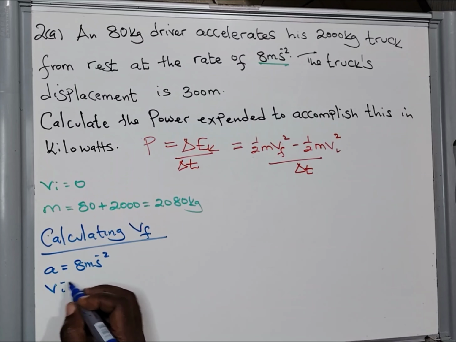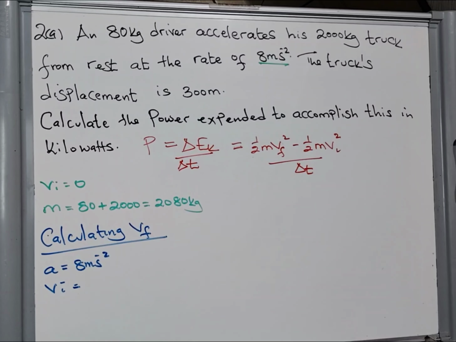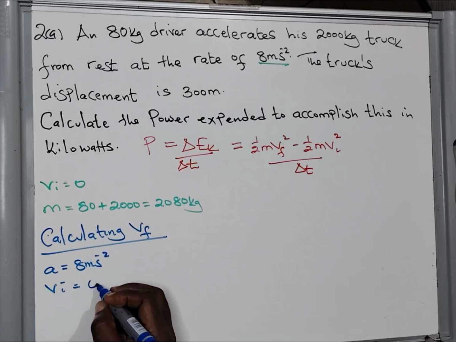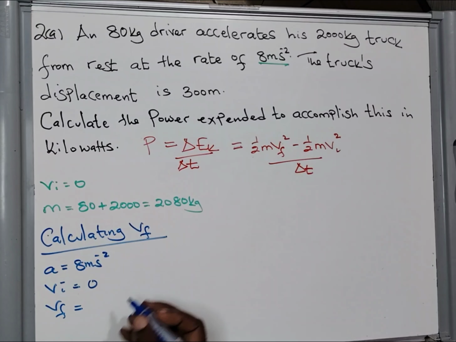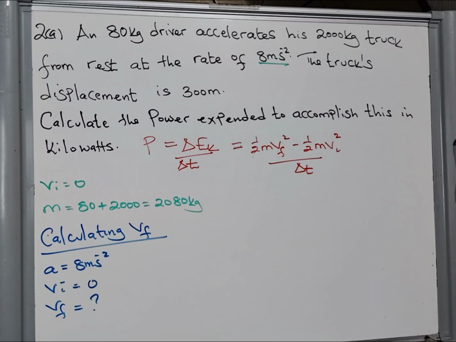We know initial velocity, which is 0. We are looking for final velocity, which is wanted. What else do we know? It is the displacement, which is 300 meters.